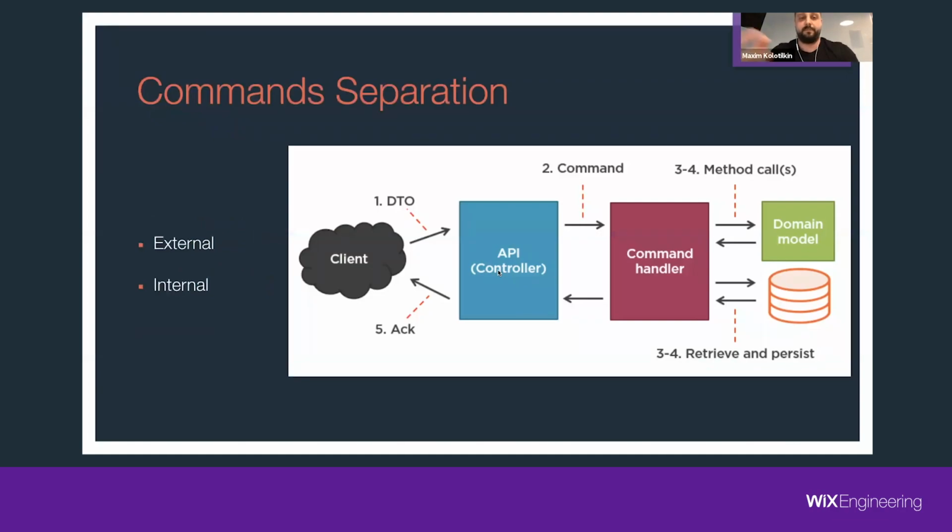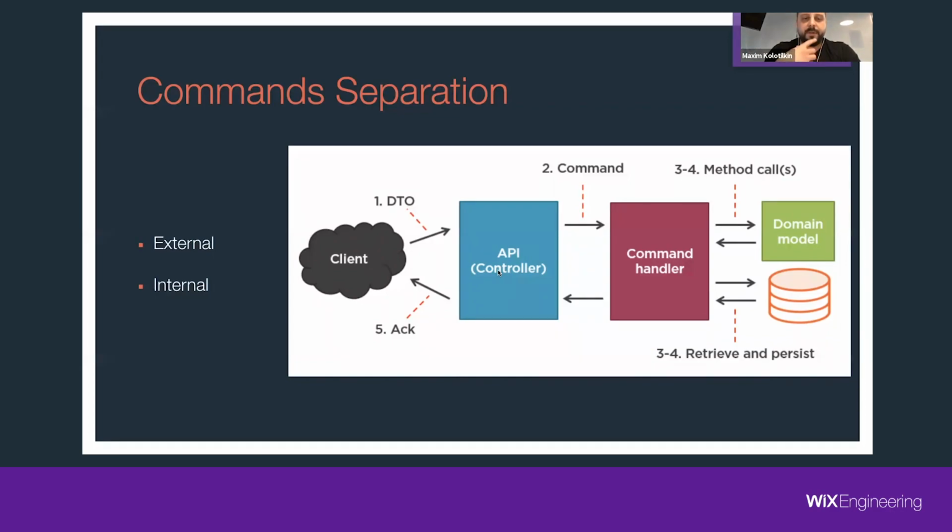As I mentioned before, after a job is approved, we have several processes happening inside. You remember it on the screen. To implement it, we decided to split our commands into two types: external commands and internal commands. External commands are the commands that a user can send from the client. Most of the existing commands in the application are external.